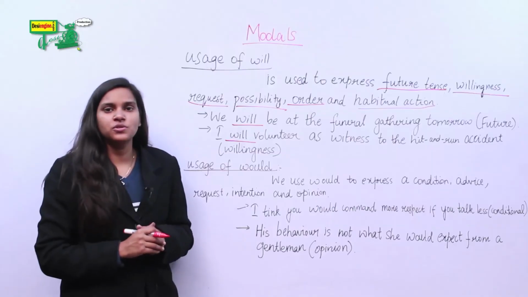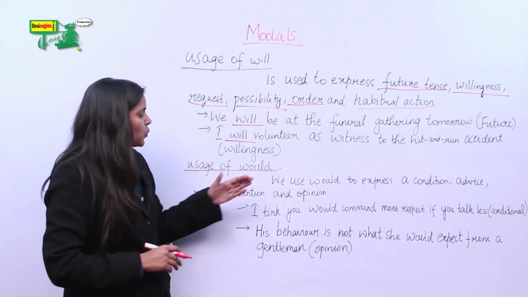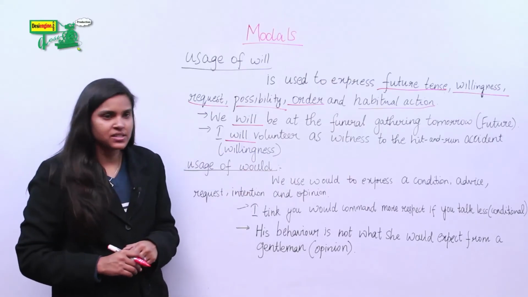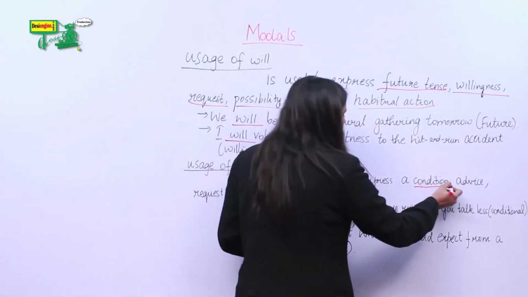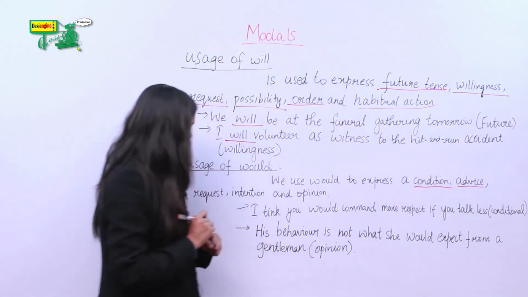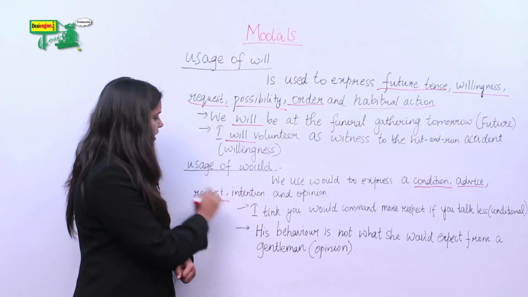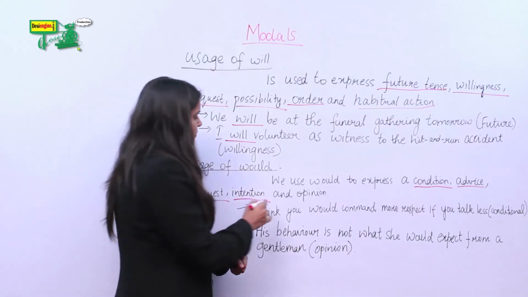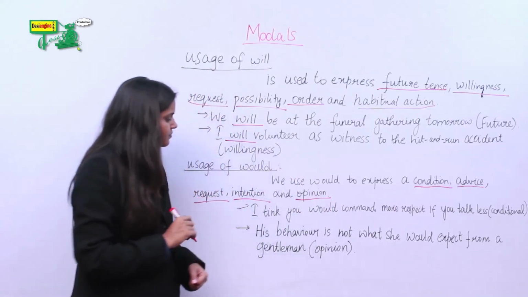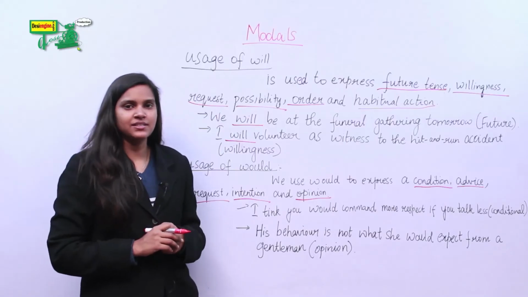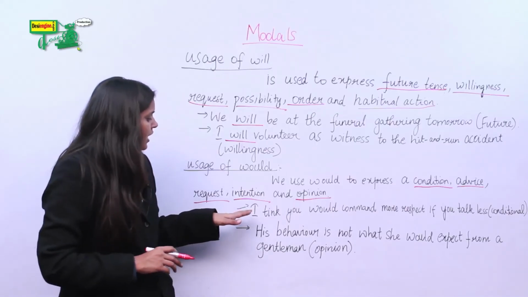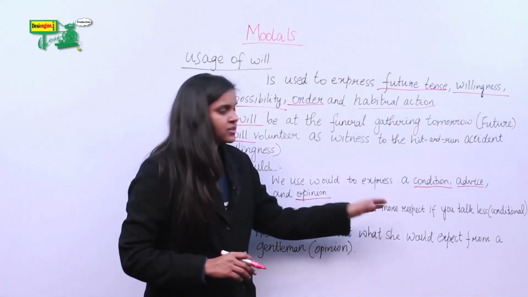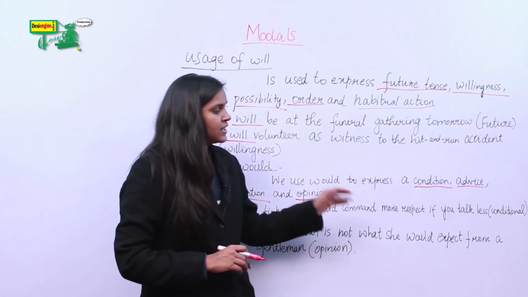Now let's come to usage of would. We use would to express a condition, advice, request, intention and opinion. Let's take few example sentences. I think you would command more respect if you talk less.